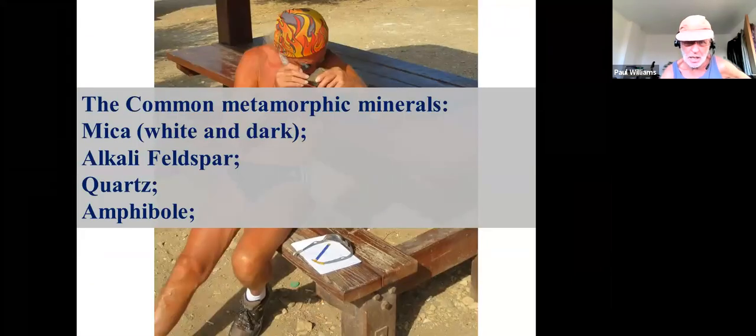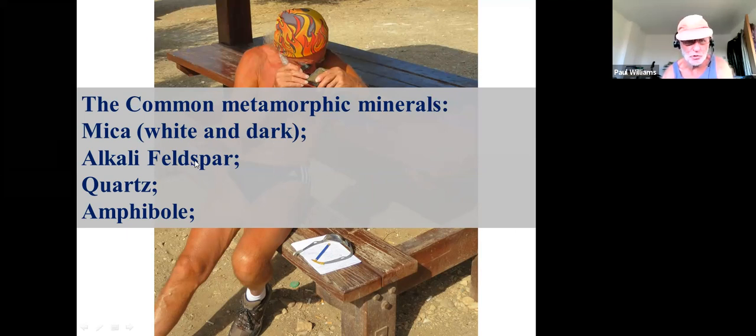Right, I'm not dealing with these common metamorphic minerals because we've already done these. We've done micas. Micas are a common metamorphic mineral, particularly in regional metamorphic rocks, and we get both the muscovite, or the white mica, and the dark, the biotite type micas, within metamorphic rocks.